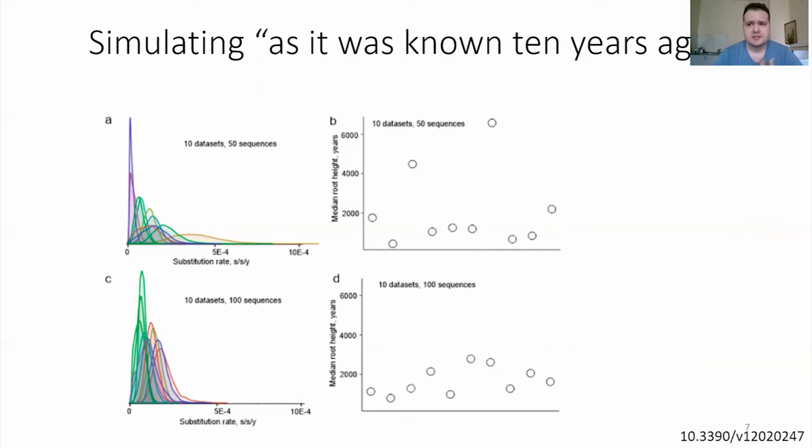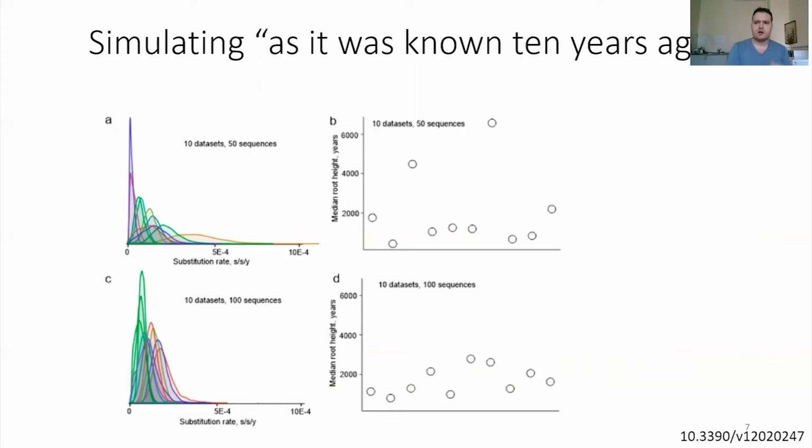This means that if this work was done in a period when not a lot of sequences were known, the results were very different, and they do not even overlap with each other. Even if we use 100 sequences in our analysis, the results can also be not so close to each other, but at least they are overlapping.